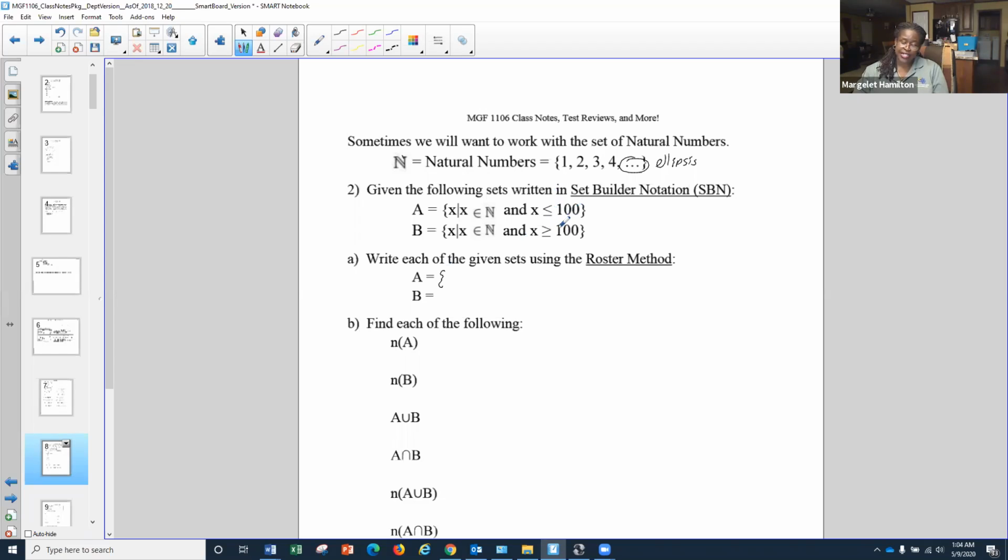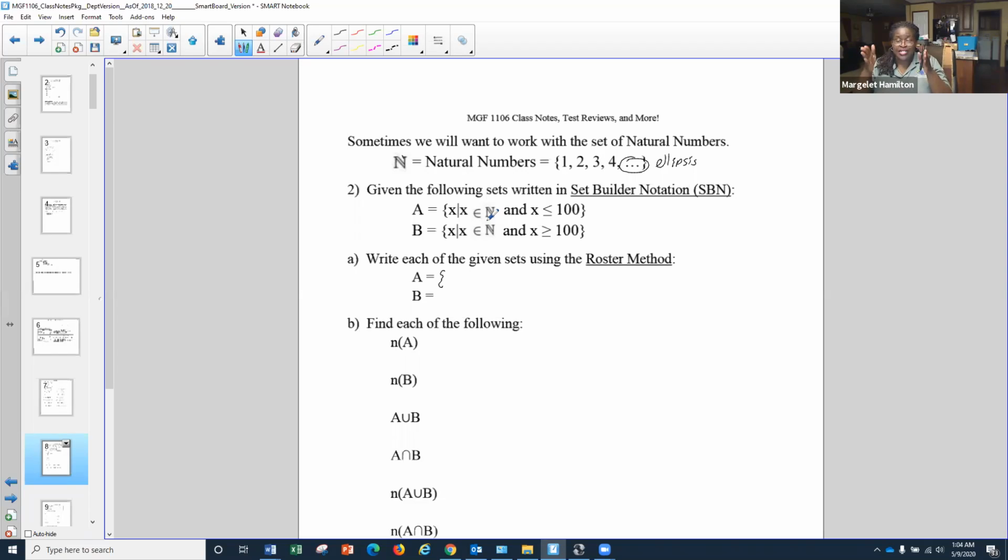So now if x is less than or equal to 100, and x is an element of our natural numbers, we know that our natural numbers start at 1, 2, 3, 4, and go on. But we know that x is going to be less than or equal to 100. That means that it's going to start at our first number, and it's going to go up to 100 and stop. Is everybody all right? Okay, so there's our range right there.